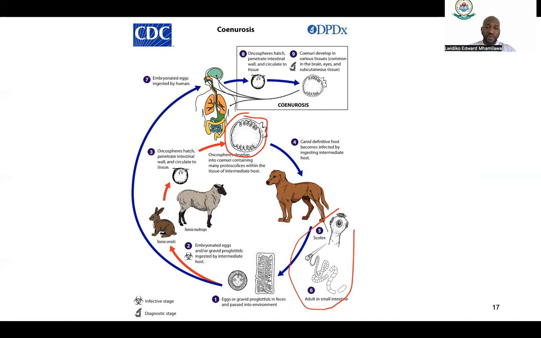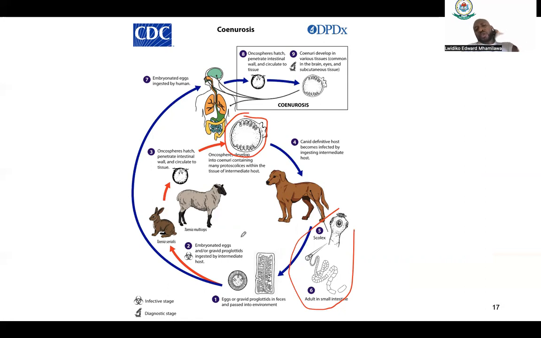Proglottids develop, the eggs come out, and then they embryonate and are ingested. So let's say the sheep eat grass that is infected with these eggs. The oncospheres develop in the intestines of these herbivores, they penetrate and circulate in tissue. They can go all the way to the brain or the eyes of these animals and cause disease.